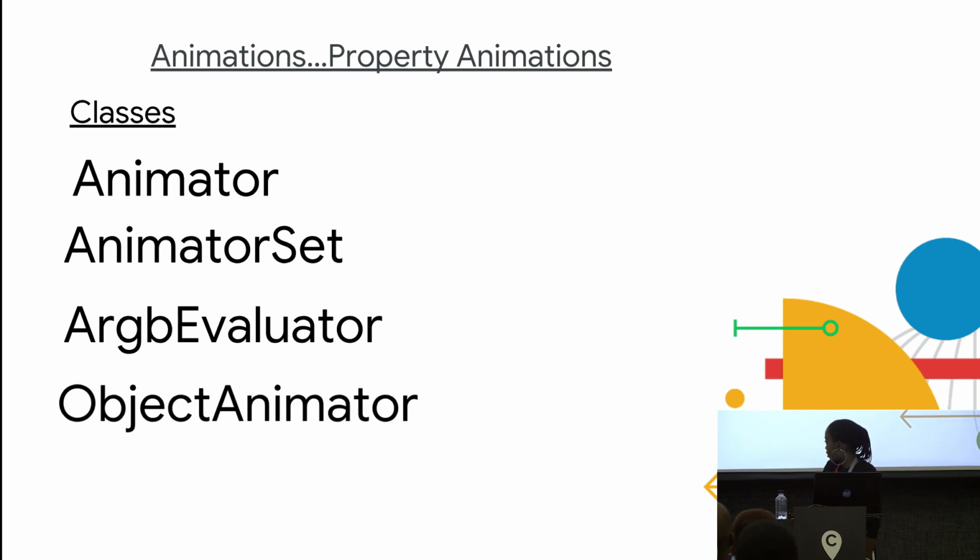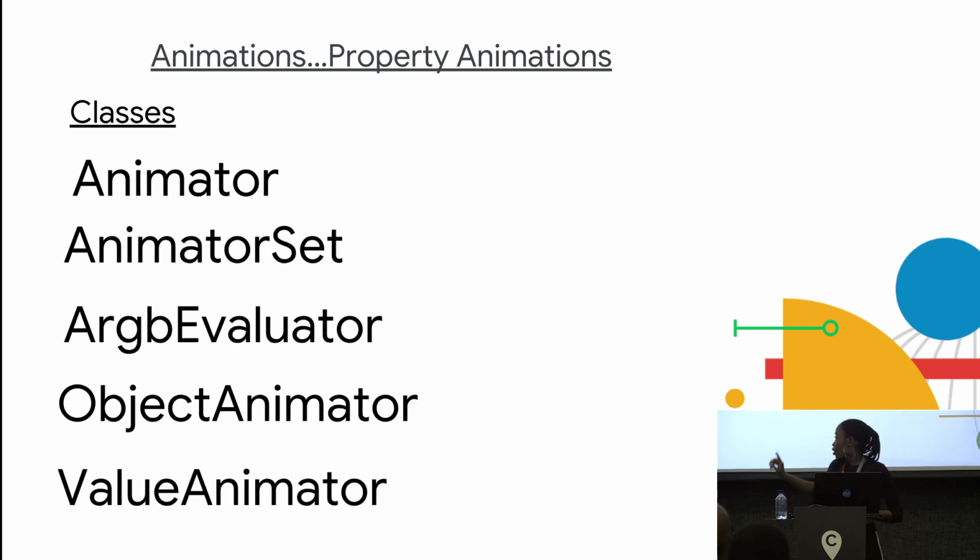You have the ObjectAnimator, which is a subclass of ValueAnimator that provides support for animating specific target objects. And of course, you have the ValueAnimator. The ValueAnimator provides a simple timing engine for running animations, which calculates estimated values and sets them on the target object.